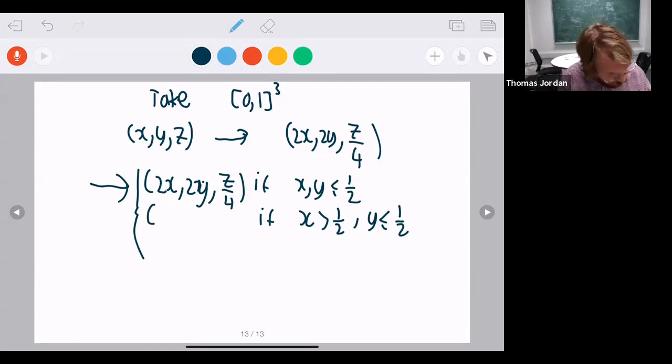So now we're going to take 2 minus 2x. The y is less than a half, so that's going to stay the same, stay as 2y. And then the z direction is getting folded over to the top, so that's going to go to a half minus z over 4.